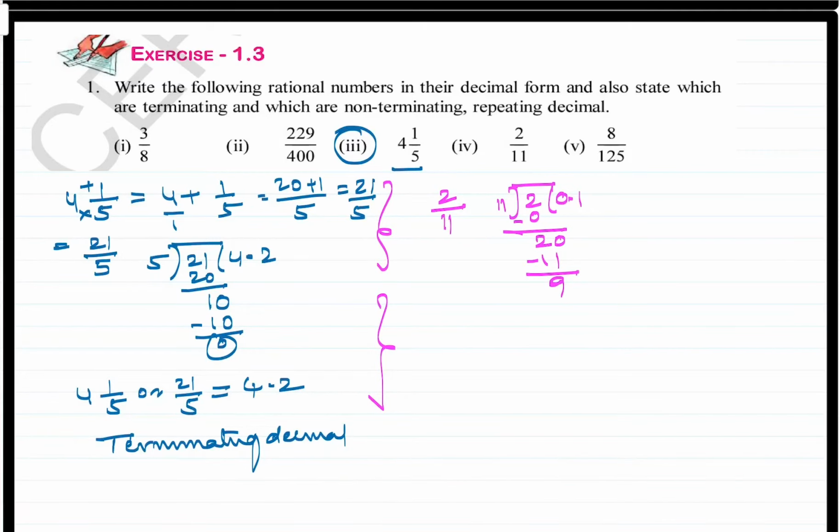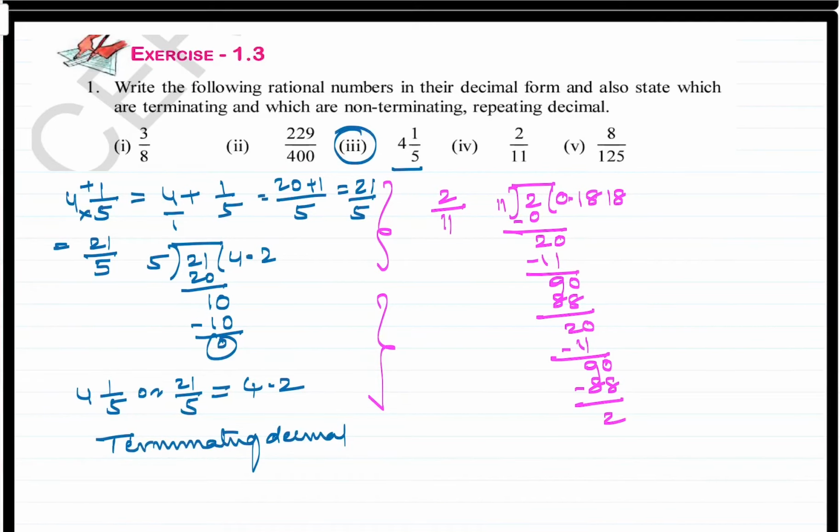The remainder is 9. Again you keep 0, so 90 is the new dividend. Divided by 11, 8 times is 88. Again you get 2. Keeping the 0, 20, again 1. 11 times 1 is 11. The remainder is 9, it becomes 90. 11 8s are 88. So again 2.